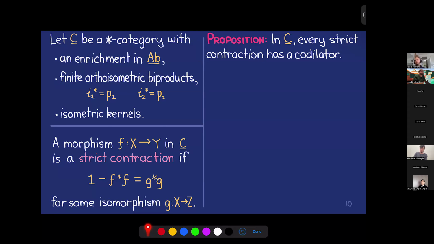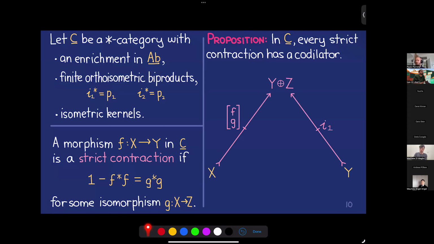Well, the first thing is we're going to start by constructing a dilation of our morphism F. If I have a strict contraction F, well, here strictness is not so important, I have a contraction F. I can take the product pairing of F with this morphism G, and that gives me a morphism from X to Y plus Z, and I can consider that together with the injection of this biproduct, the first one.